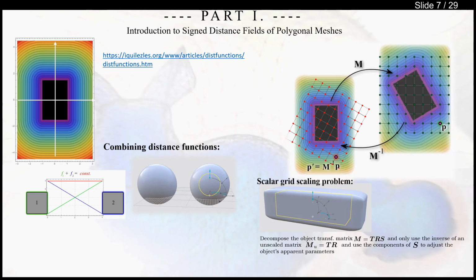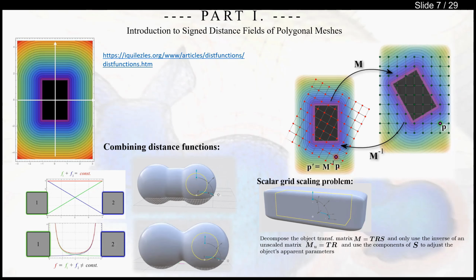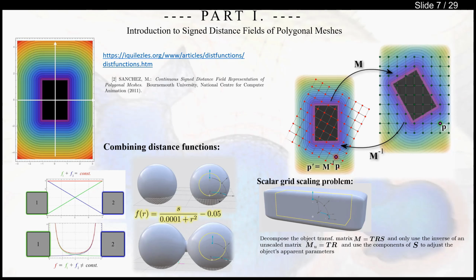We could either take the maximum value of two increasing distances, essentially doing a set union of regions below primitive distance contours, or we can use a form of inverse square law, which automatically allows us to add the distance fields, producing a superposition of fields at every point. There are, of course, many ways to do this, many of which are mentioned in Chapter 5 of Matthew Sanchez's 2011 thesis.